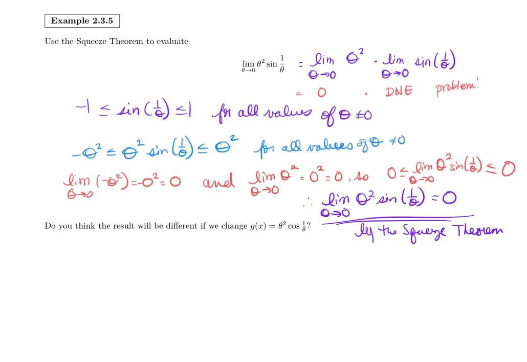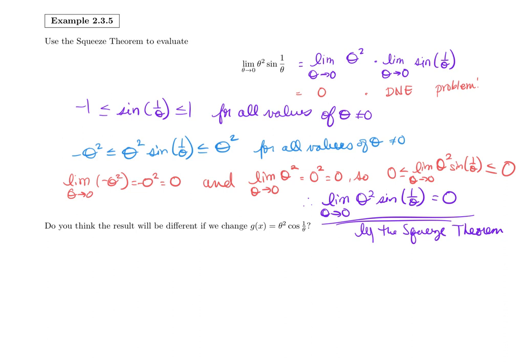Do you think that our result would be different if we change g of x to theta squared cosine of 1 over theta and still find the limit as theta approaches 0? If you think about the amplitude again of cosine, you'll know the answer is no, that it's still 0.